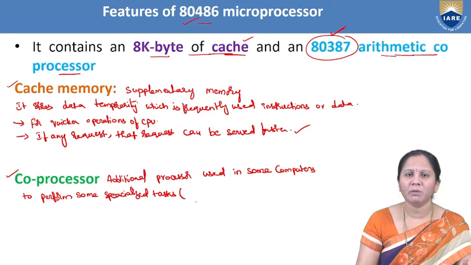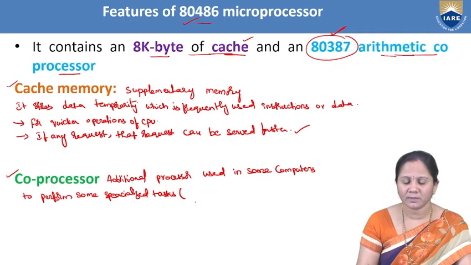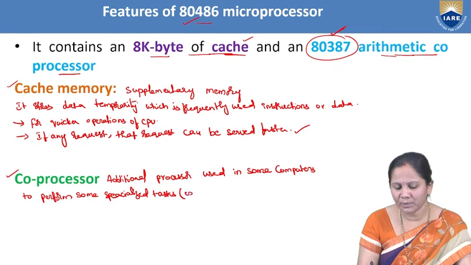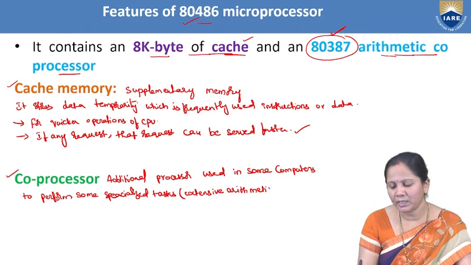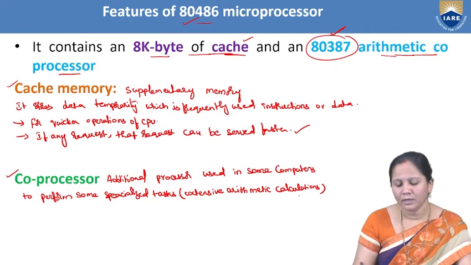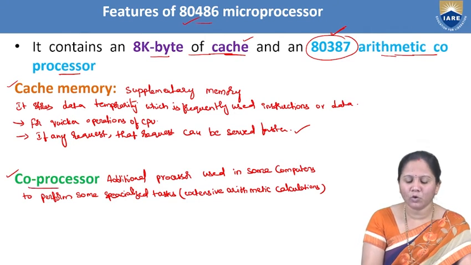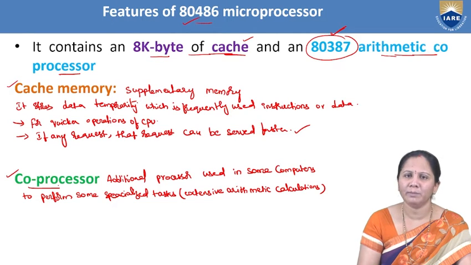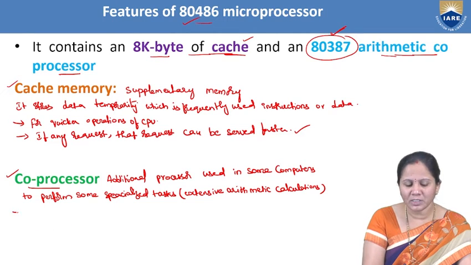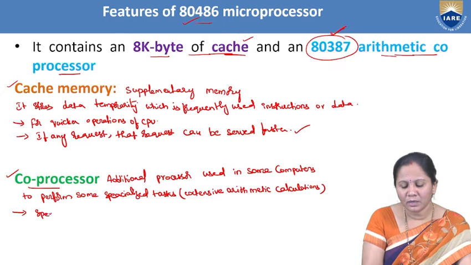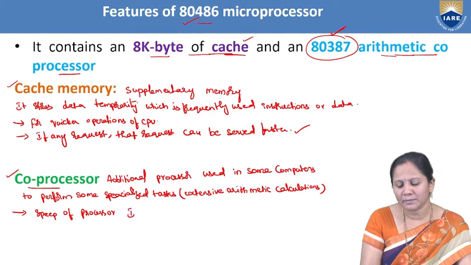It may be some extended operations. So the specialized tasks may be extensive arithmetic calculations. What is the purpose of having a coprocessor inside the CPU along with the main processor? The advantage is that the speed of the processor increases.